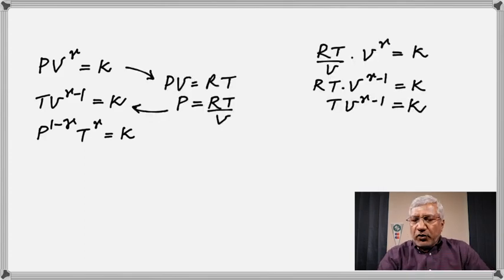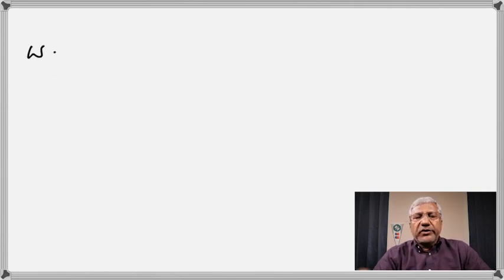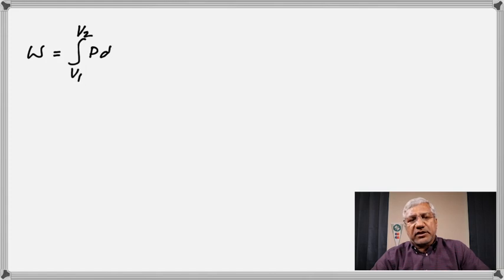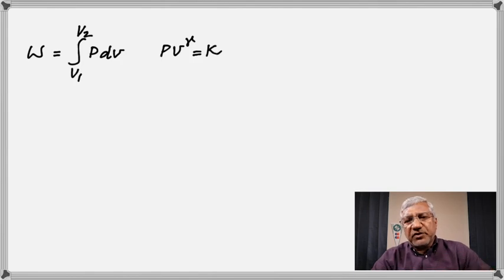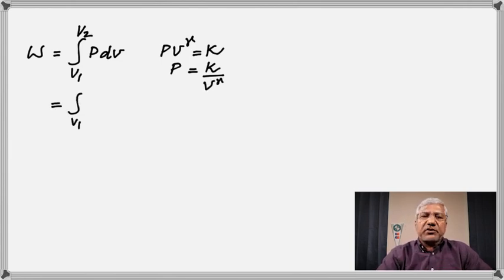All right, so let's find out the work done during an adiabatic process. Now, to find the formula for work done, we always use the basic integral from V1 to V2 of PdV. But because it's an adiabatic process, we have to use PV raised to gamma is constant and substitute for P. So P is K by V raised to gamma, substitute that back into this.